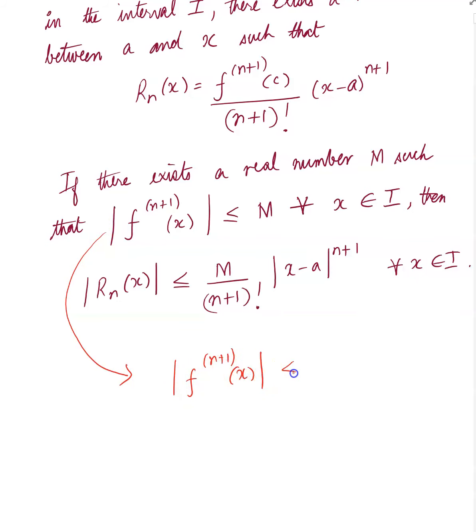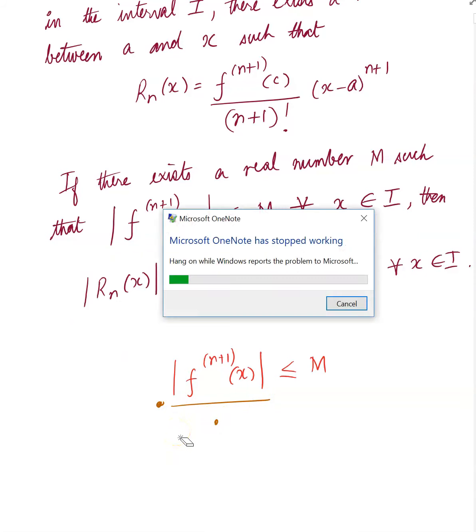If you could find a number like this, what we're saying is, go ahead and multiply up and down by n plus 1 factorial.